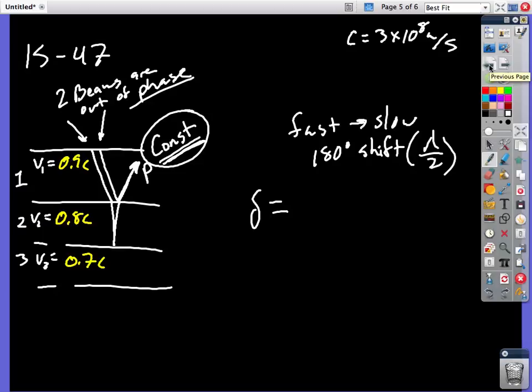Yeah, it's constructive. So this is a bright line. So then we know that the path difference is going to be 2D on this side. But if this is bright, then we have to make sure we account for the shift. Right? So then you're saying this should be lambda?